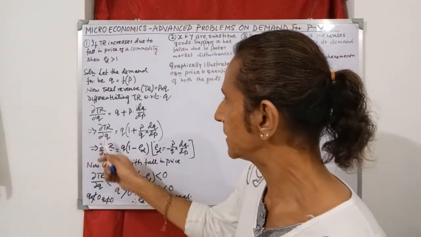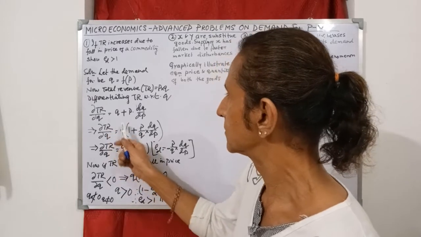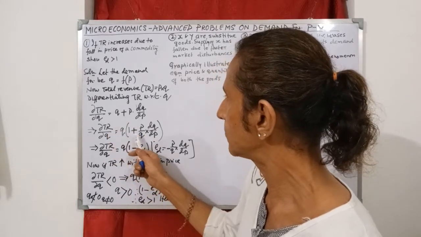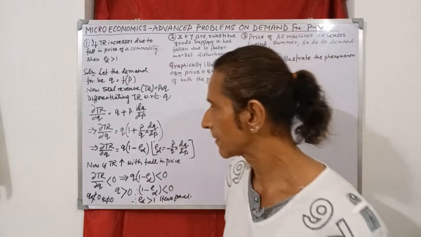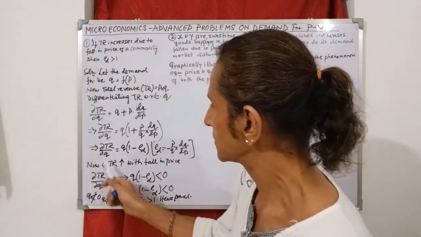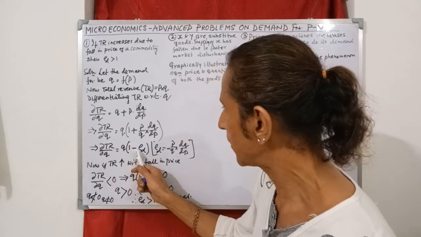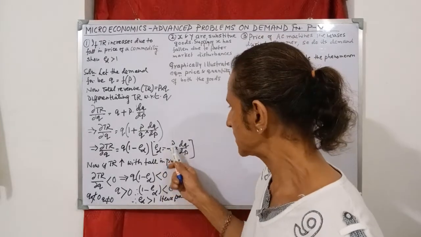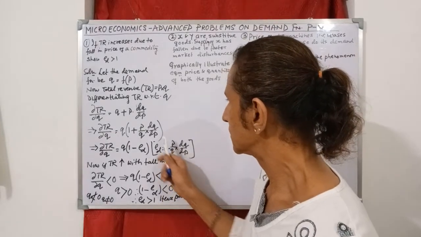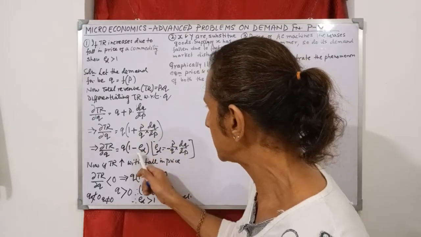This means del TR del Q equals to Q into, within bracket, 1 plus P by Q dQ dP, having taken Q as common. This means del TR del Q equals to Q into within bracket 1 minus ED. Why? Because ED is minus P by Q into dQ dP, and here we have P by Q into dQ dP, so this must be minus ED.